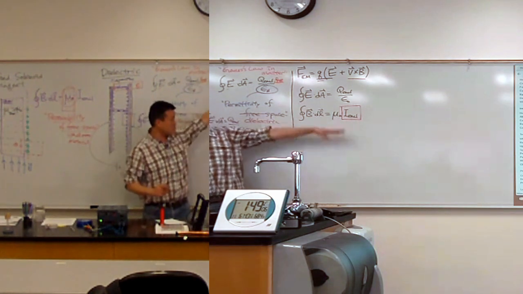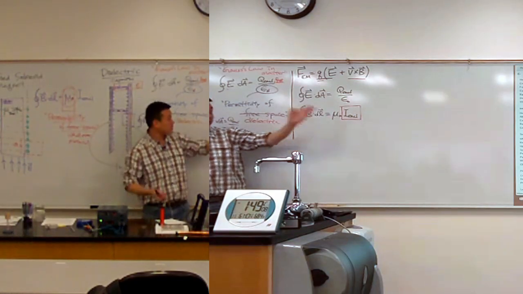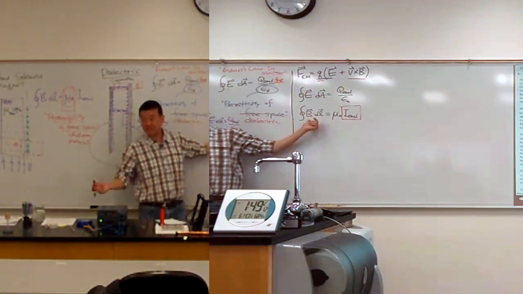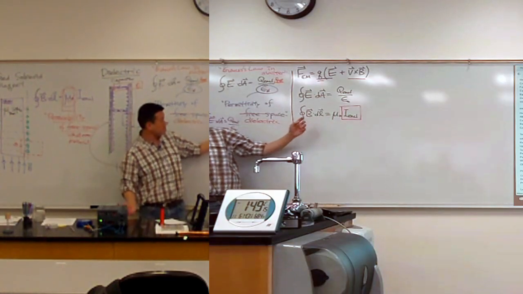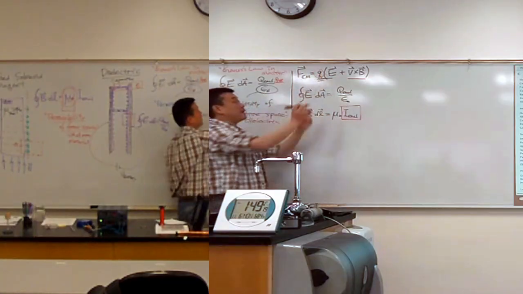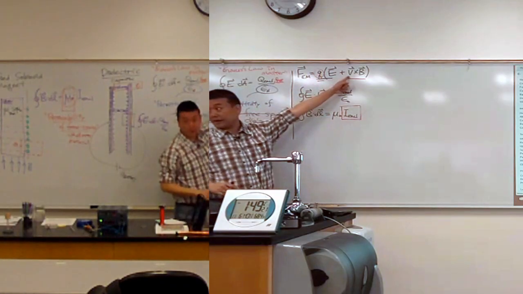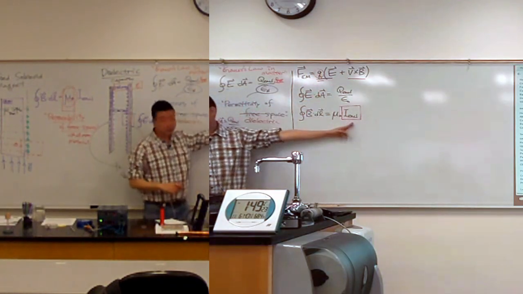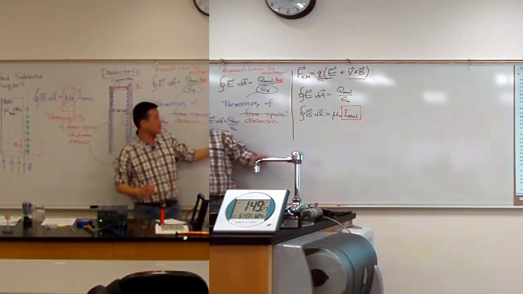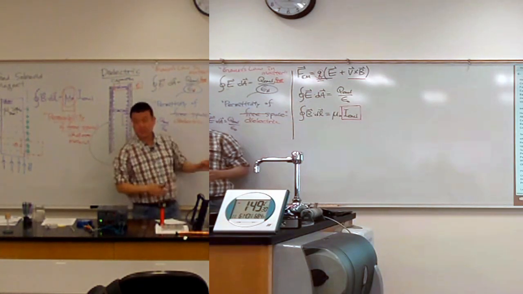If this was a whole separated thing, then there's no reason for moving electric charge to have any kind of effect on a magnetic field. But we have this relationship that magnetic field can actually apply force on electric charge as long as it's moving. And a moving electric charge can induce magnetic field. So you begin to see some connection between electricity and magnetism.